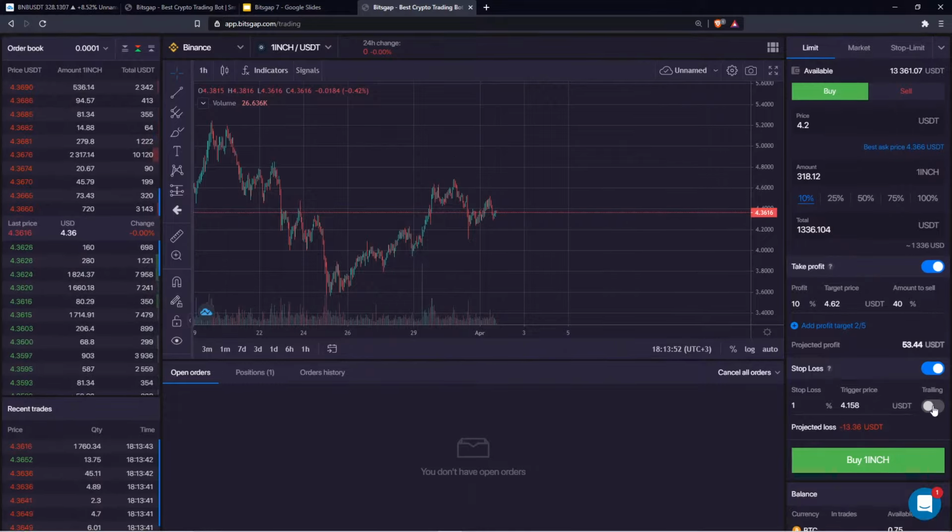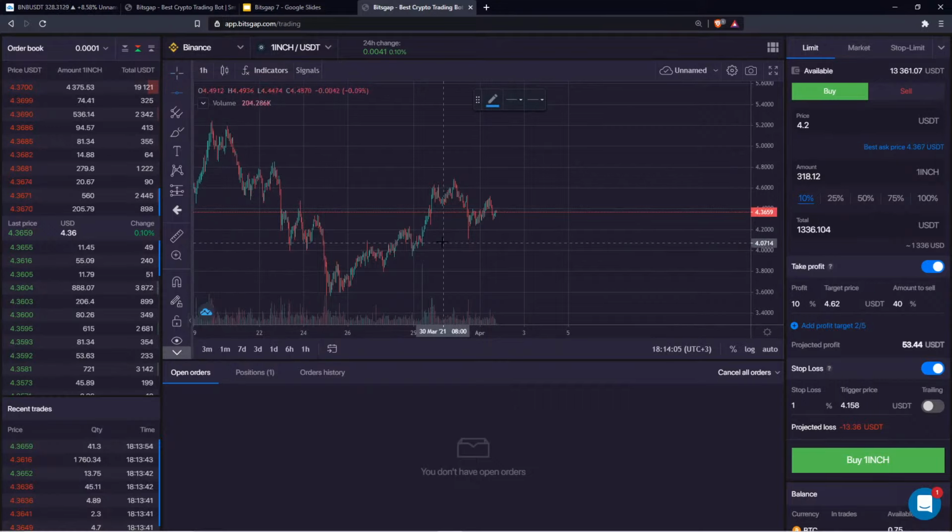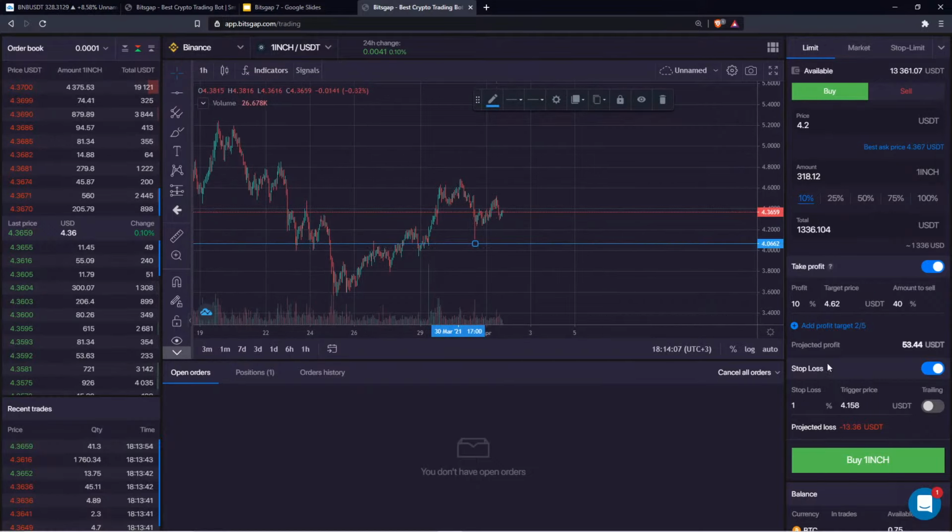And you set the stop loss because you need the stop loss to have control over the risk. So using the stop loss, you minimize the loss. So that means that, let's say, below this point, let's set it exactly at this price level at 4.06.